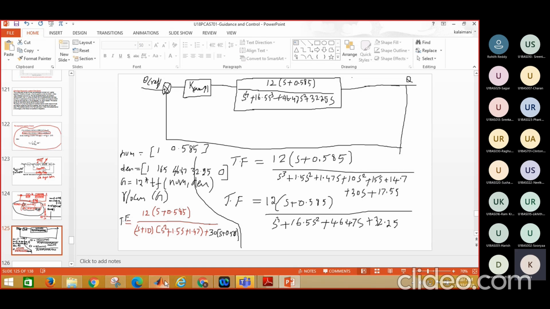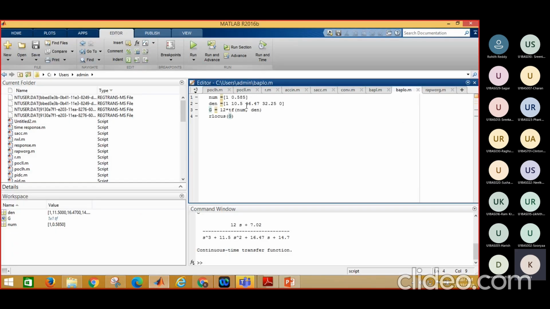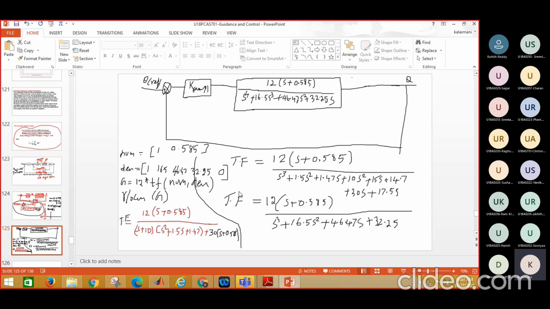One minute, 46.47, then 32.25 is there. We will get 10.5. What we get here? Multiply s square into s, we will get s cube, then 1.5 s square, and plus 10 s square.